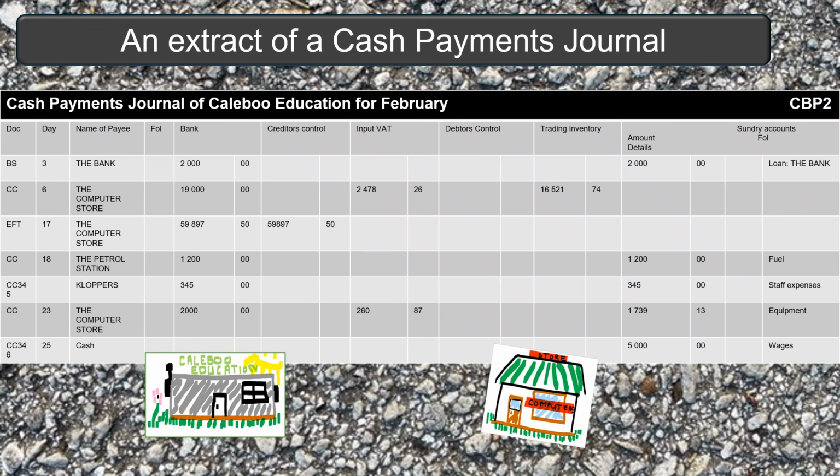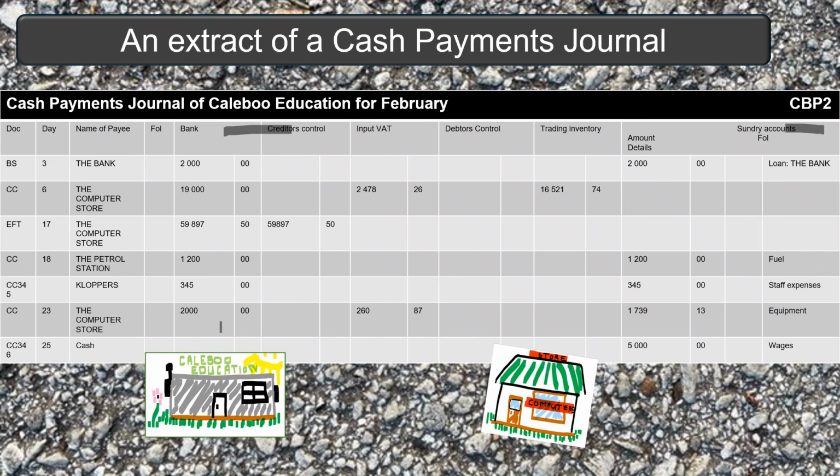And then we have an extract of a cash payments journal. That's what a journal would look like. There's the journal heading. I've written here CBP, can be CPJ, cash payments journal. That stands for cash book payments. Same thing, different name.